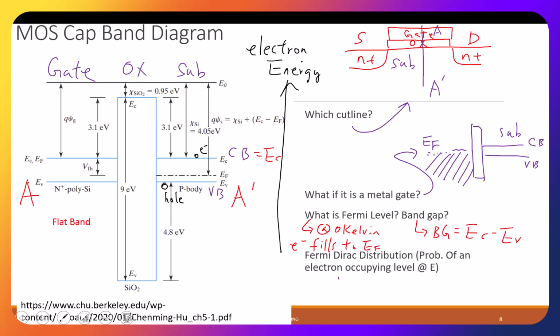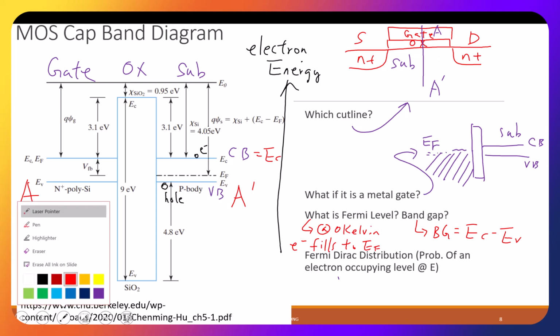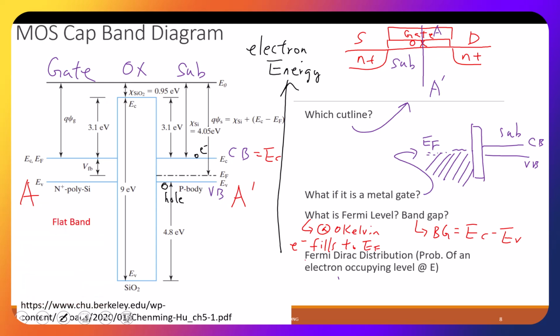This is the Boltzmann distribution. For electrons, at high concentration, it follows the Fermi-Dirac distribution. The probability is f(E) equals 1 over exponential of (E minus EF) divided by kT, plus 1. That is the Fermi-Dirac distribution.